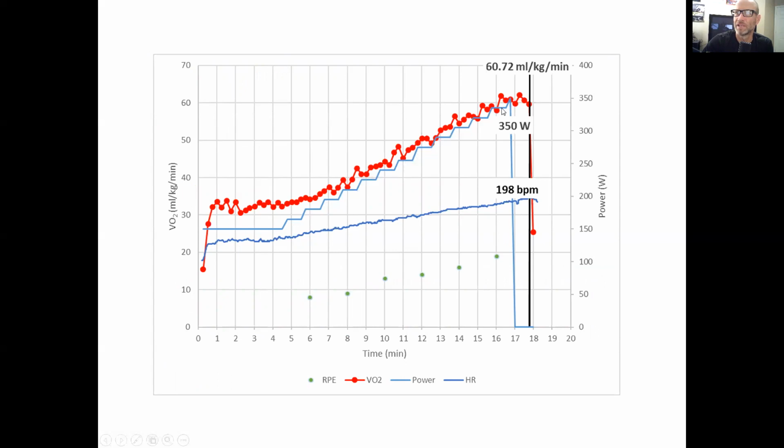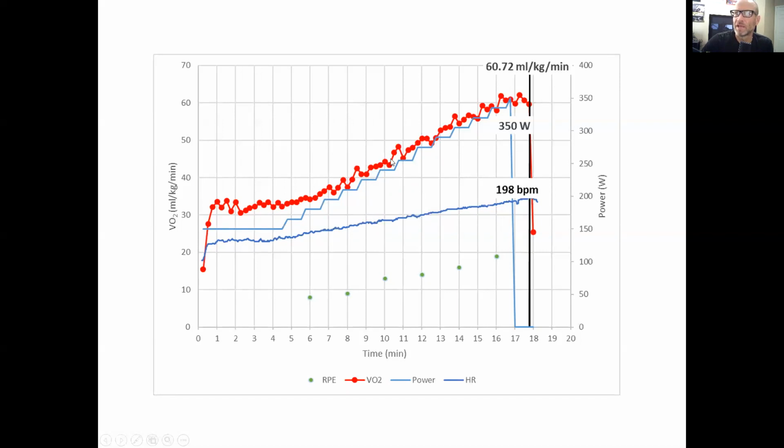So that's the graded exercise part. The red represents rate of oxygen consumption until the person stops exercising here and stops pedaling. And then the darker blue line represents heart rate. And you see VO2 increases with intensity, which is expected, and heart rate also increases with intensity.